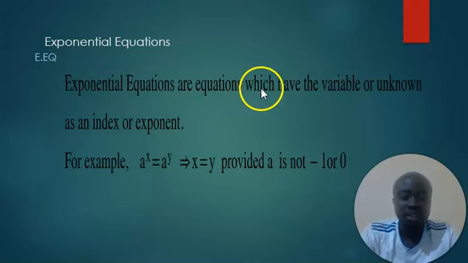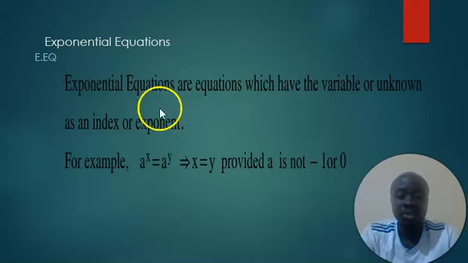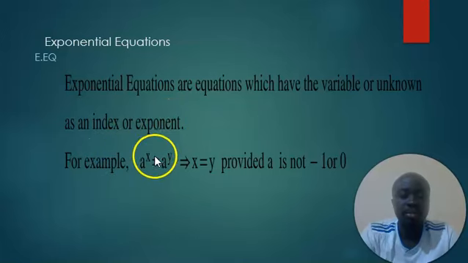Exponential equations are equations which have a variable or unknown as an index or exponent. For example, when you have a to the power x is equal to a to the power y, this implies that x equals y, provided that the bases are the same. This is a and this is a, so just equate the powers.